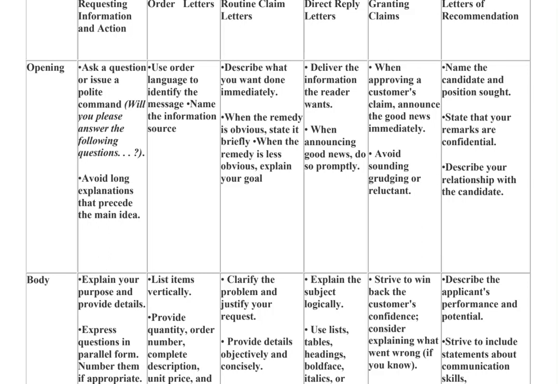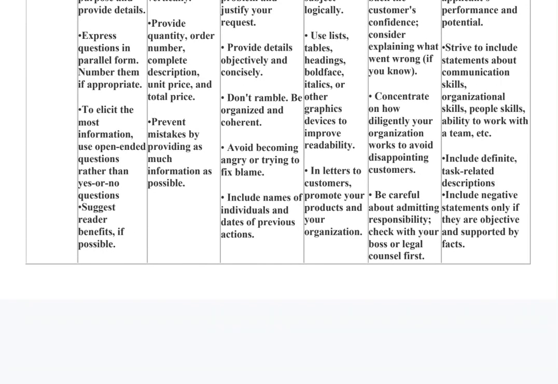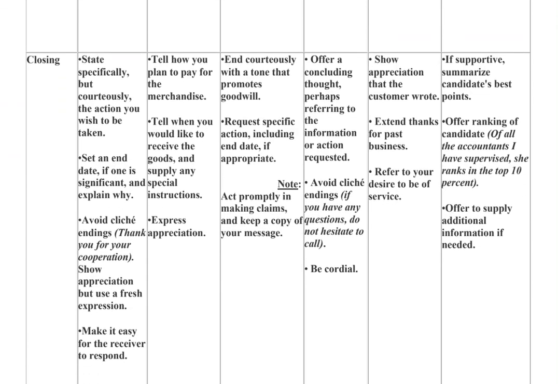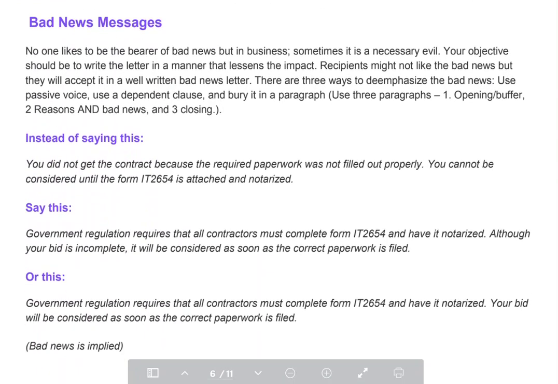But you don't start off with, I'm so-and-so, I work for so-and-so. You don't do that. That's directing attention away from the main idea. And you also don't say, I'm Lori Townsend, I'm writing to you, because that's opening filler. You would say, could you please answer these questions? List in the body what you should go through, and finally in the closing. So it's a nice little cheat sheet for you.